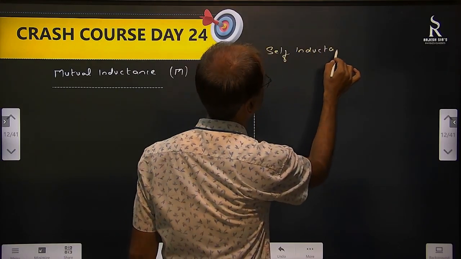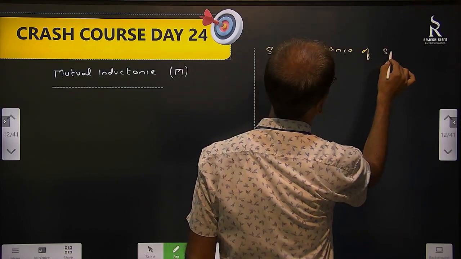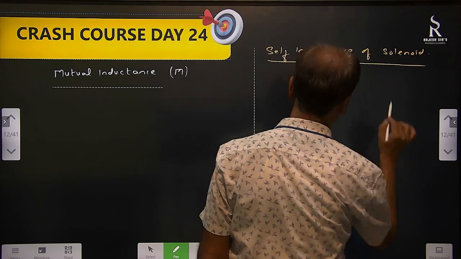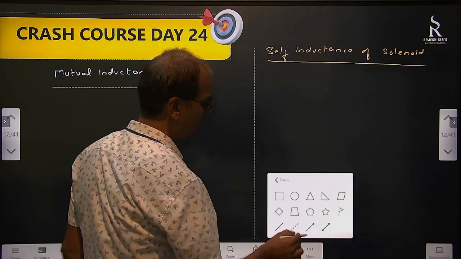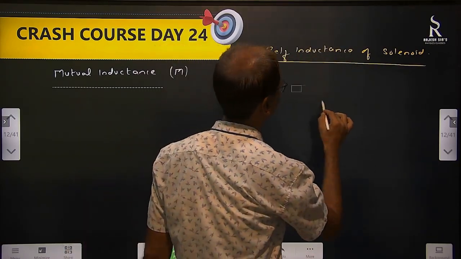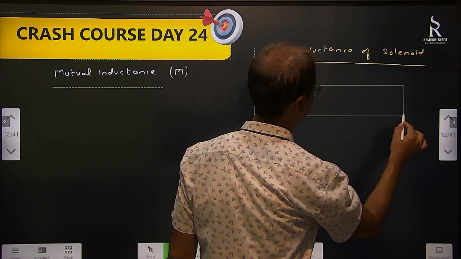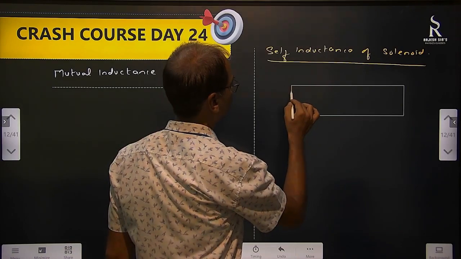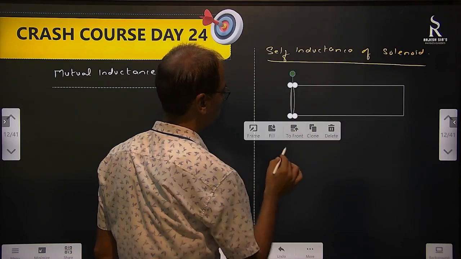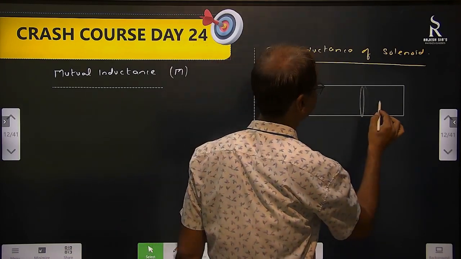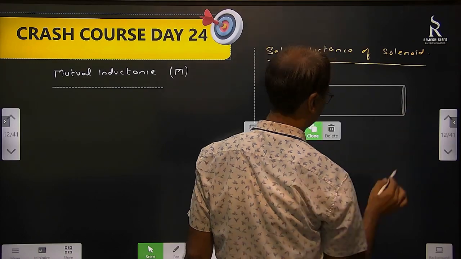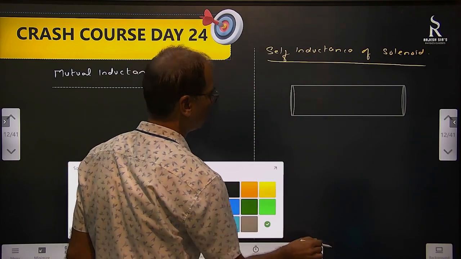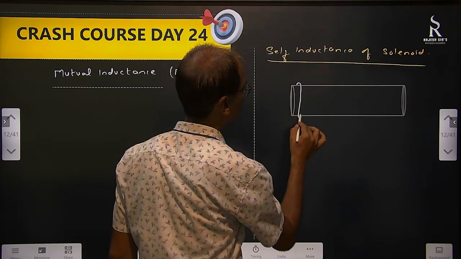Self-inductance of solenoid. Okay. So what solenoid we are going to take? L length and its radius we'll take R, right? Then we're going to make few turns in that one so that it looks like a solenoid, like this.